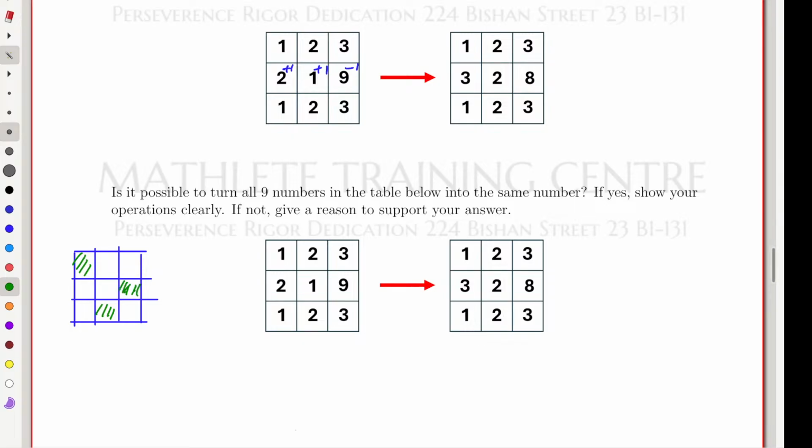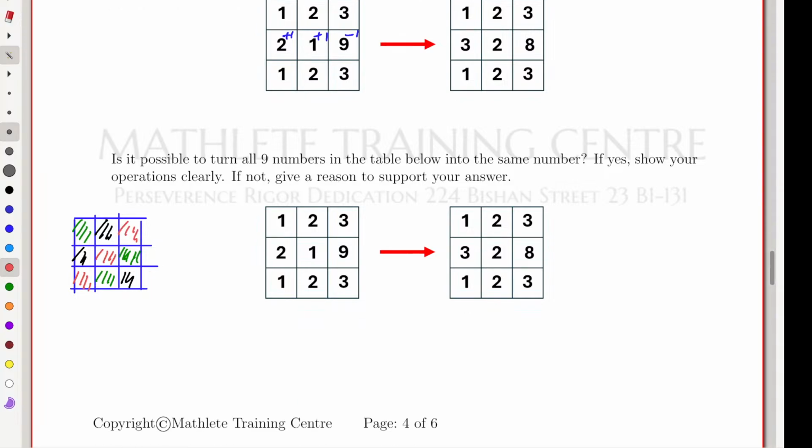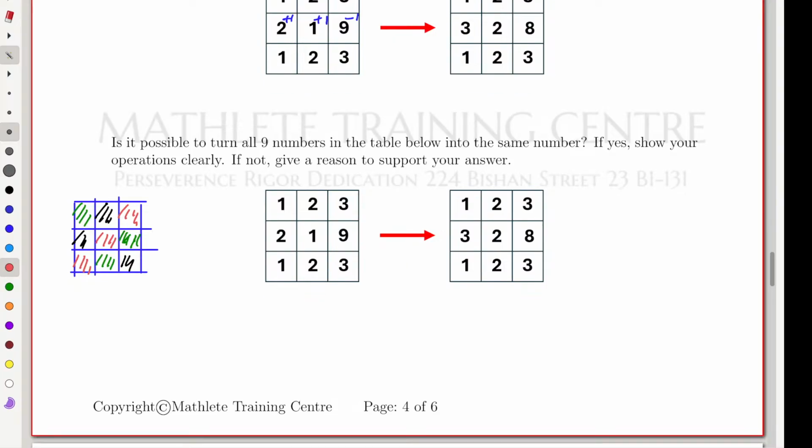Then I'll call another one the one in black color, and I'll call the one in red color. So let's take a look at this group of three numbers, or rather this way of arranging a 3 by 3 table.